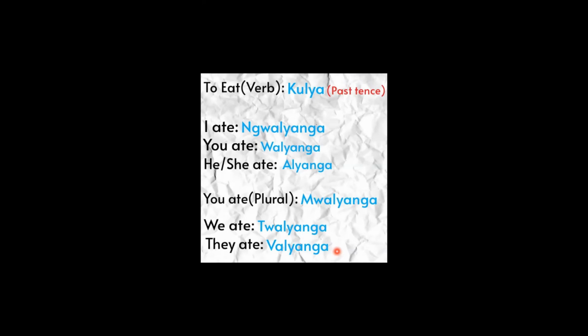And my second question: can you give an example of how you would use this simple past tense? Because I understand I have eaten. That would be like if someone asked me if I've eaten already and I say, Eyo ngunali liahi. So when would you use ngwalyanga?